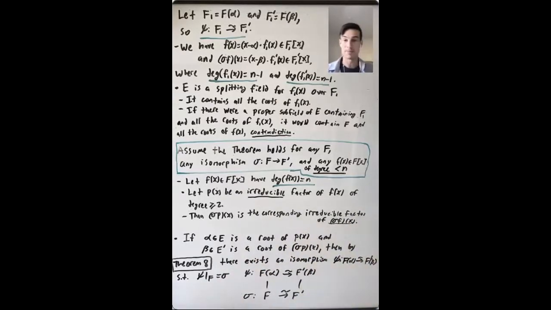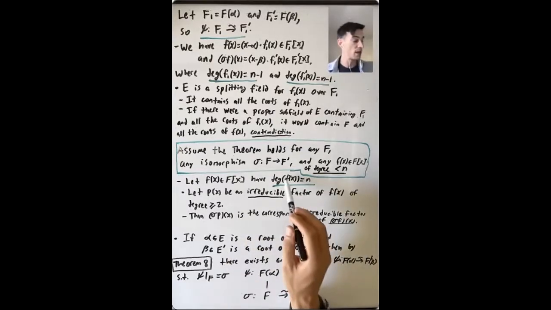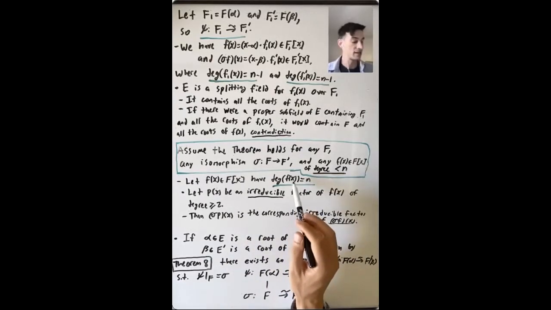of the same degree. So the idea is, a splitting field for this polynomial f of x in F bracket x contains all of the roots of this polynomial f of x, and we know a splitting field exists.